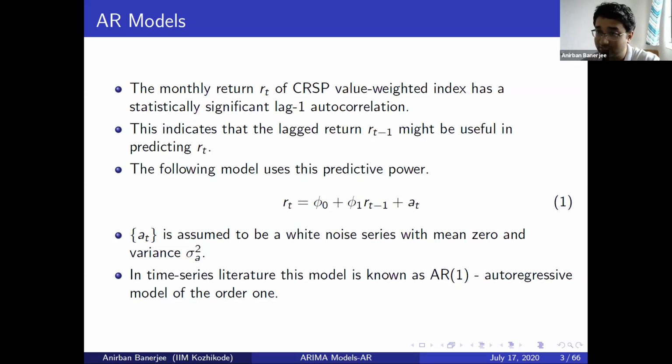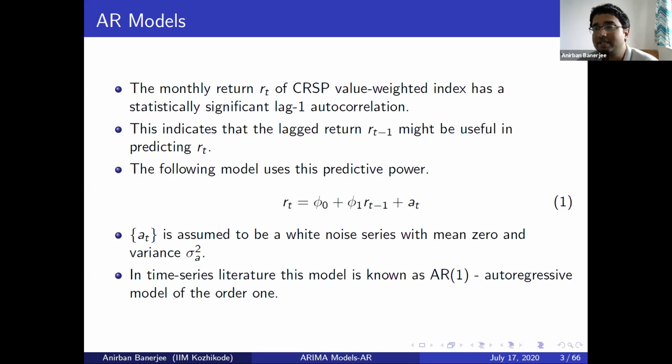We are not saying this is just based on the ACF graph. If R_{t-1} seems to be good information to predict R_t, this is one way you can build your model. This is a linear model. Why? Because the coefficients phi 0 and phi 1 are not functions of t.